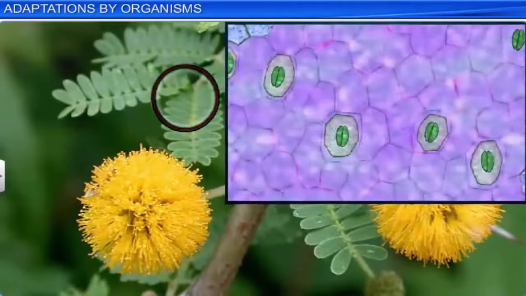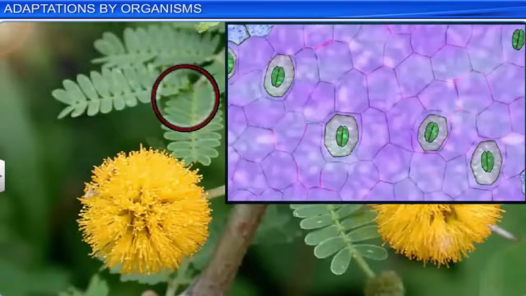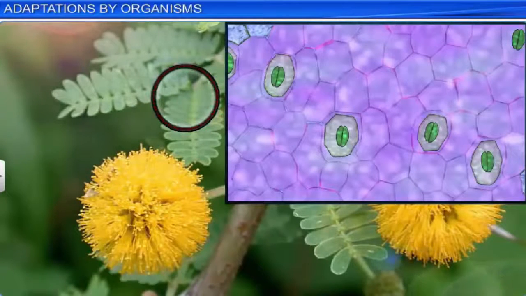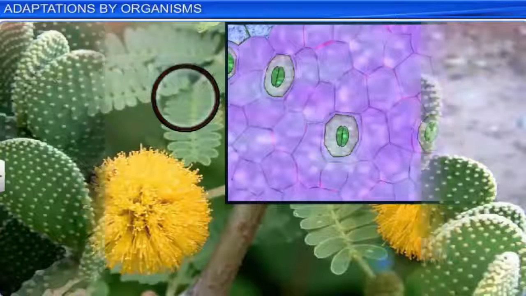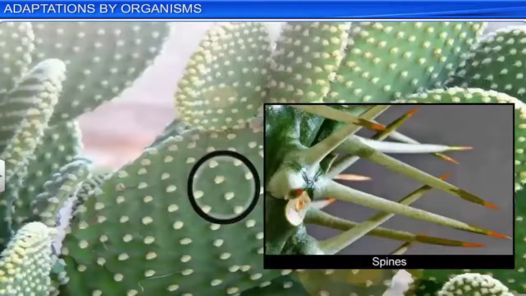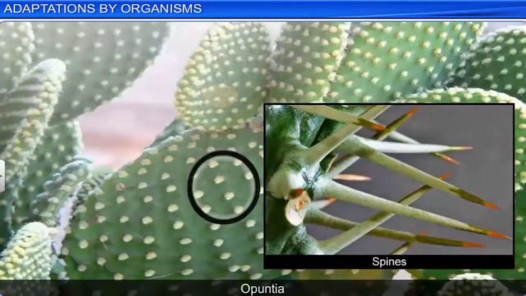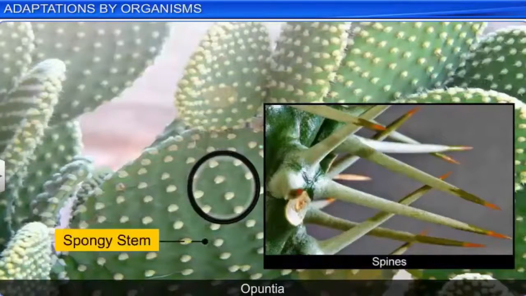These plants have also adopted a special photosynthetic pathway called CAM, or crassulacean acid metabolism, which enables their stomata to remain closed during the day. Some desert plants like the opuntia have leaves that are reduced to spines, and its flattened spongy stems perform photosynthesis.